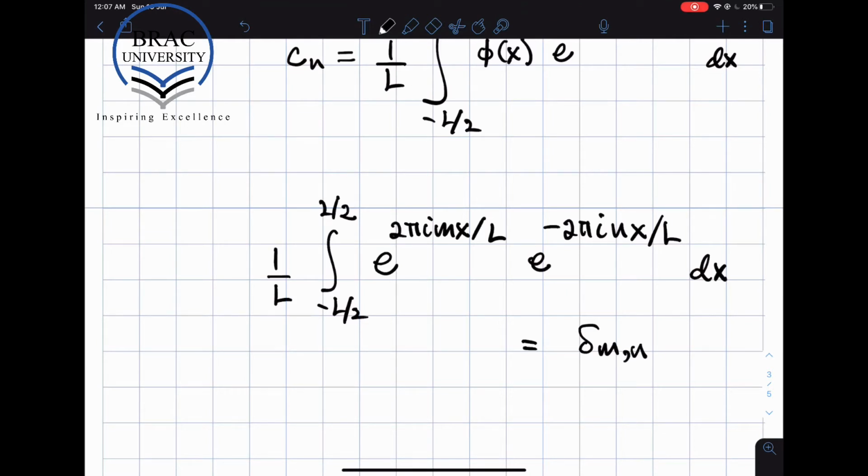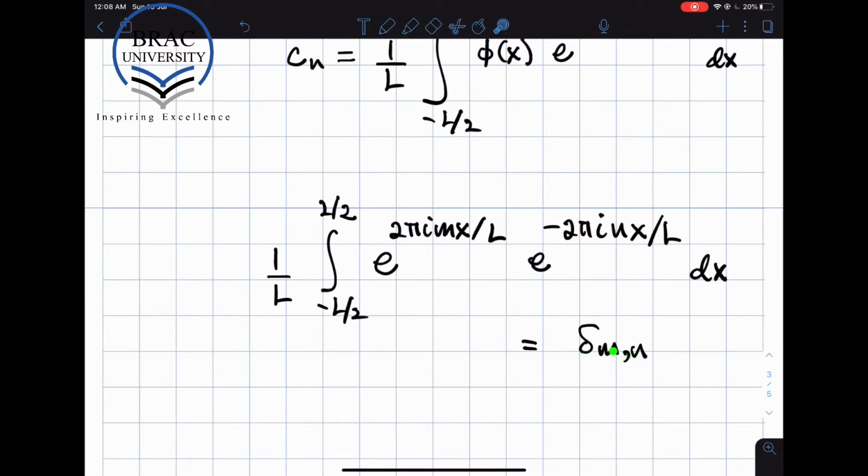Now it's worth spending a minute on this orthogonality relationship and seeing why it makes sense. When m is equal to n, the integrand is just 1, and we're integrating it from minus L by 2 to plus L by 2. So the integral just gives me 1 because there's a 1 over L here.